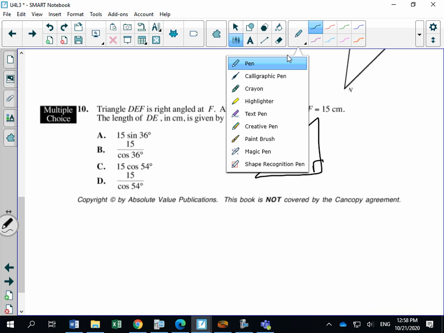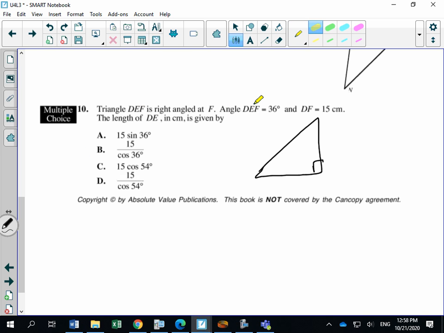If you have a highlighter, or you could just box this in, triangle DEF is right angled at F. In that sentence, they just told me what letter between D, E or F they want my right angle to be. Do you see it? Losan, what is it? It's what one? F is correct. Yep. So triangle DEF is right angled at F.